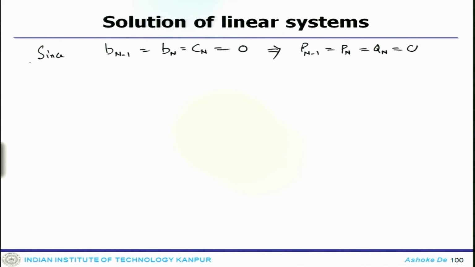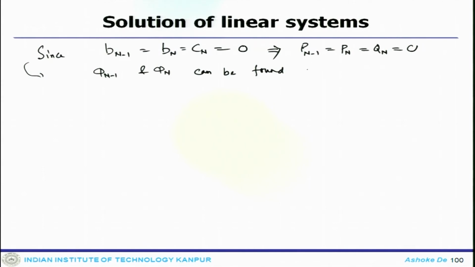So from here one can find phi n minus 1 and phi n using this information.